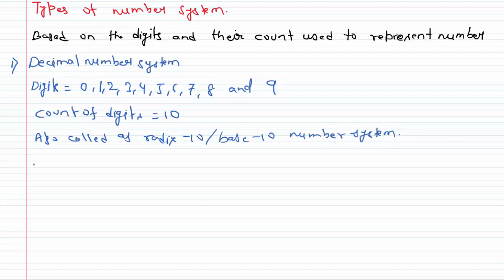This number system is also known as Hindu-Arabic numeral system. Digits of the decimal number system are also called as fundamental numbers.